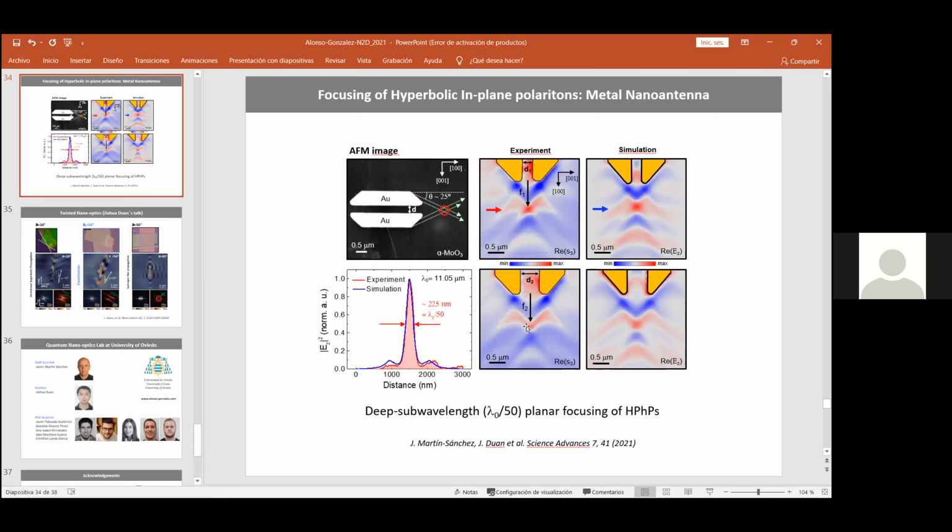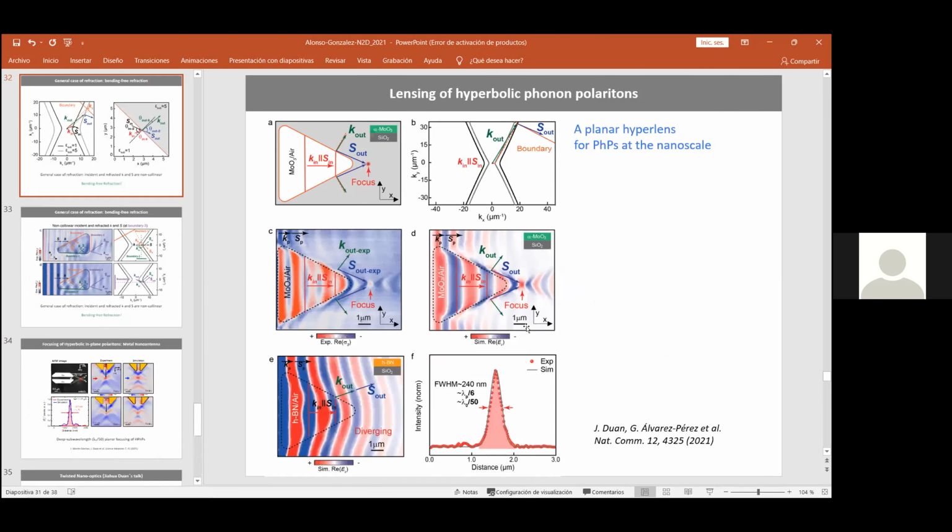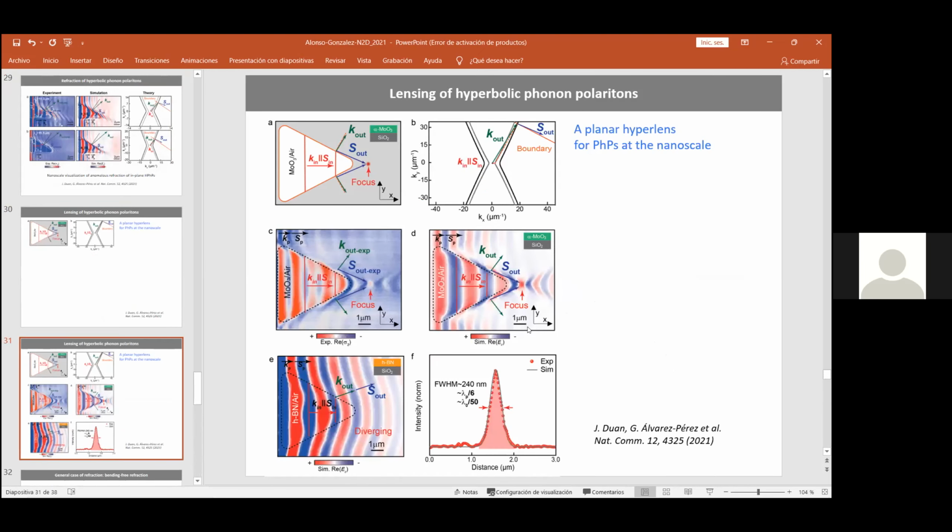I see. And in the case of the negative refraction? For this focusing, in this case, we did the profile along this direction. And there you can see a nice focus. If you take the profile like this, you see that it's quite intense in the beginning, and then as it is exponentially decaying, it's decaying, and then suddenly we have a peak.